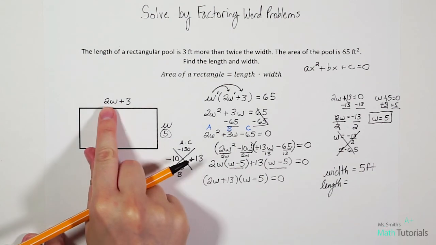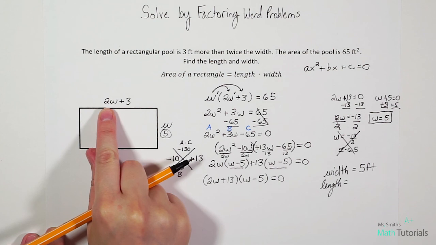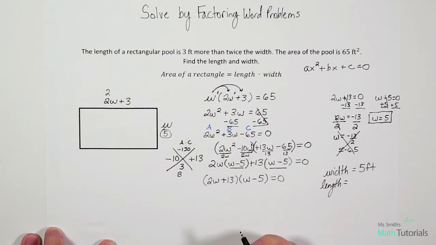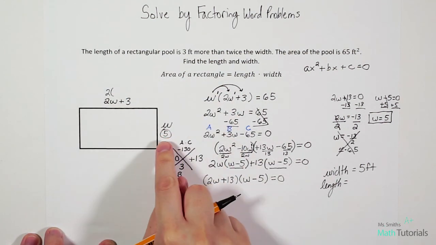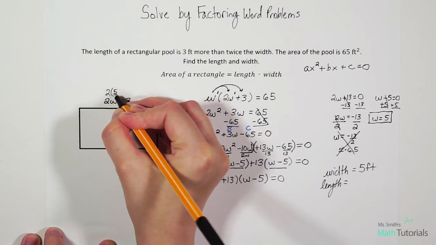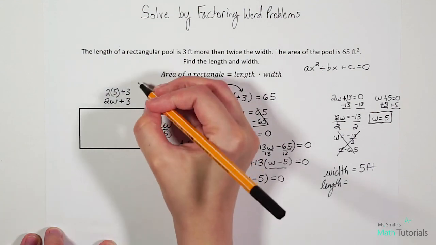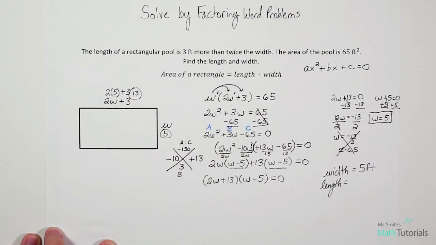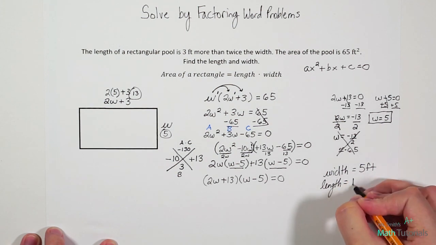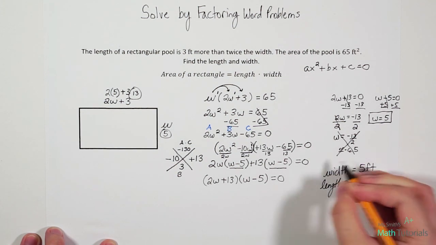So let's think back to what we know about length. We know the length was 2 times W, W is 5, plus 3. Now 2 times 5 is 10, and 10 plus 3 is 13. So we now know the length. The length is 13 feet.